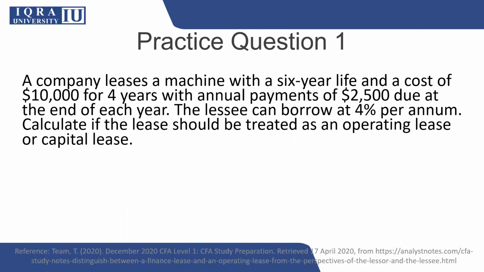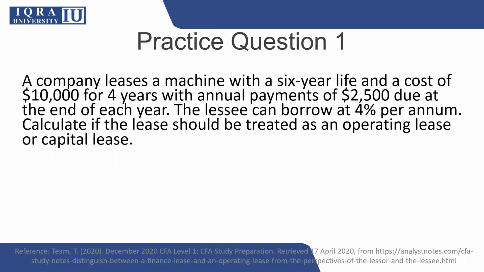As we discussed in the previous lecture, there are certain criteria that, if met by the question, then that type of transaction is taken as an operating or capital lease. The lessee can borrow at 4% per annum. Now the question is trying to give you an idea whether it should be taken as an operating or capital lease.